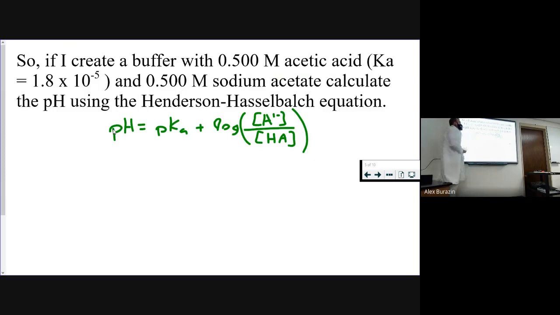Okay, they gave me Ka. How can I solve for pKa? Not very difficult. Negative log of Ka. Take the negative log of 1.8 times 10 to the negative 5.